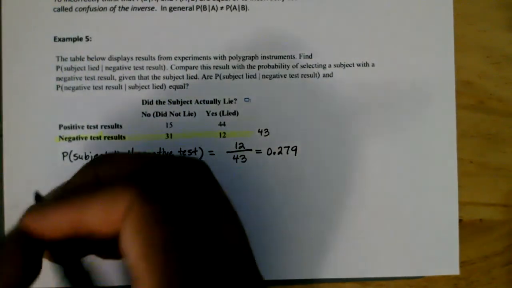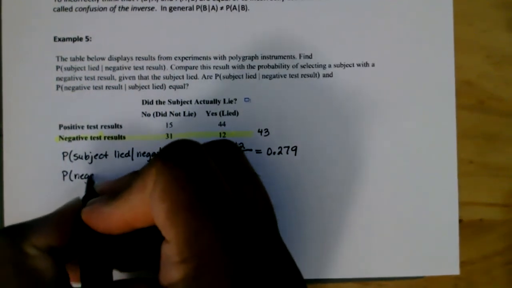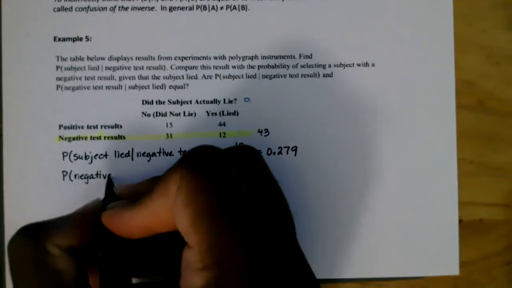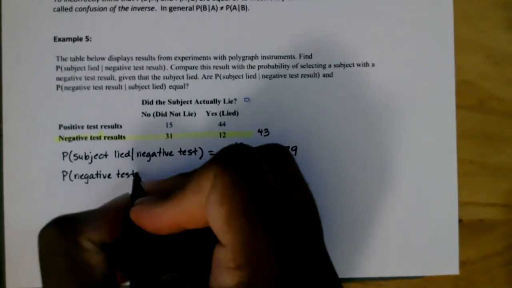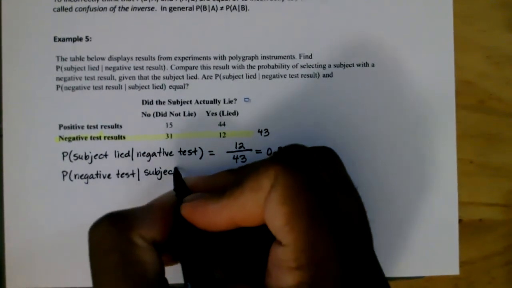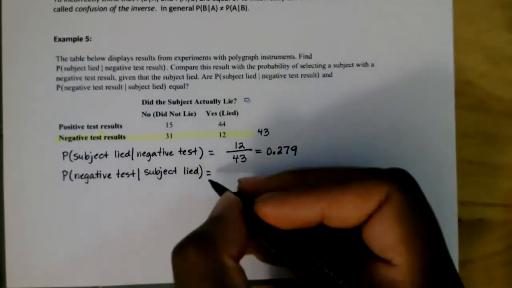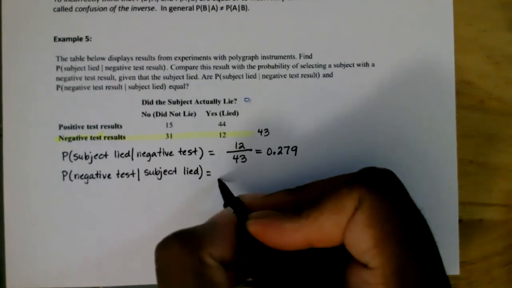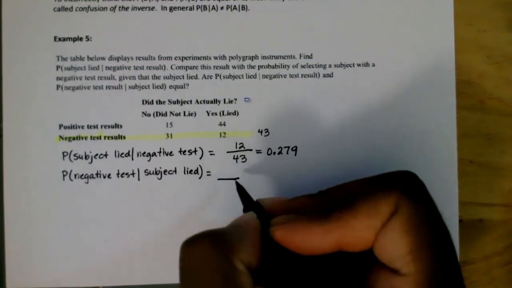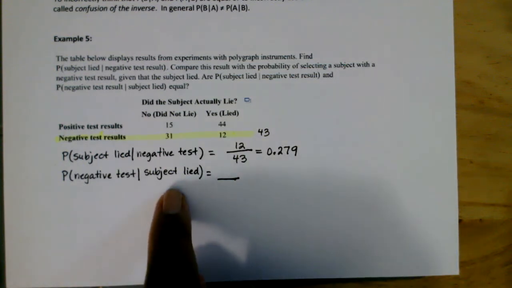All right, now let's find the probability of selecting someone with a negative test result, given that the subject lied. Okay, in this case here, I'm going to box in where the subject lied.